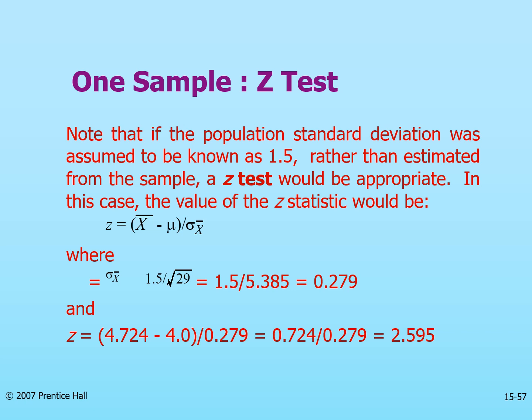So z is equal to x bar minus mu upon the standard deviation of x bar, and the standard deviation of x bar is equal to 1.5 upon under root 29. The z value comes to 2.595.